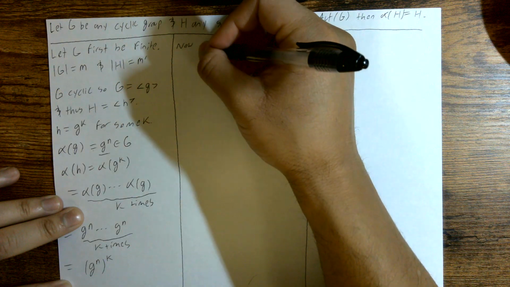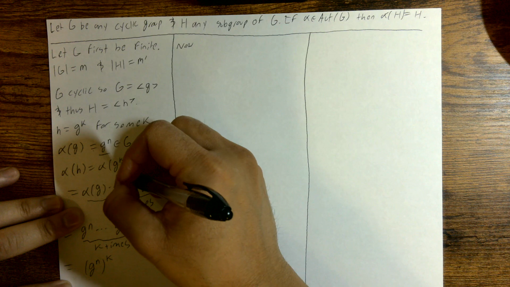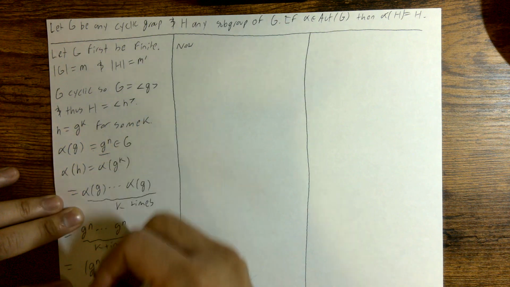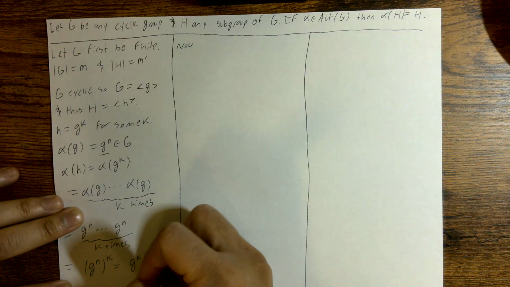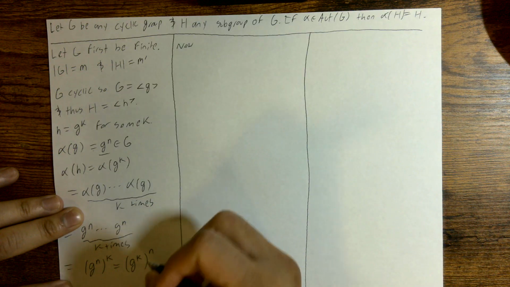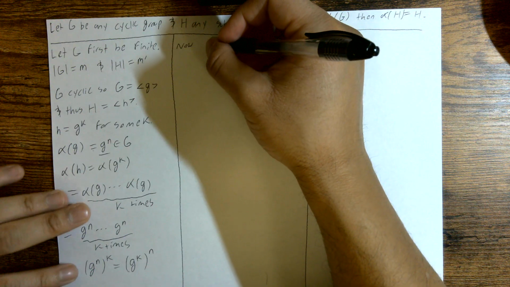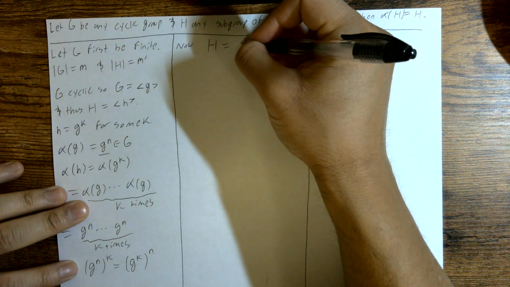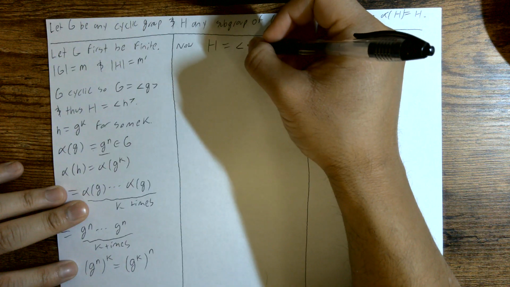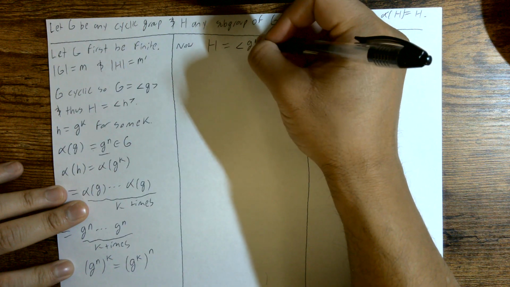Now, h again was g to the k. So, H is equal to the group generated by g to the k.